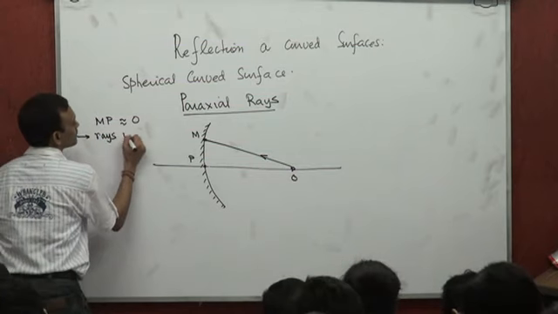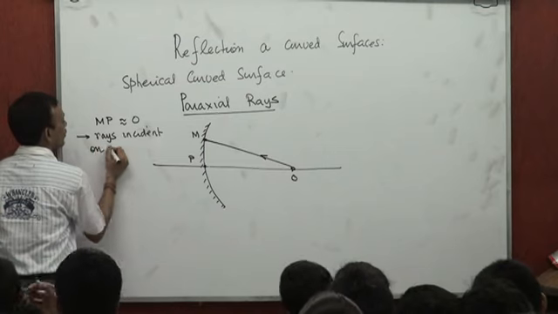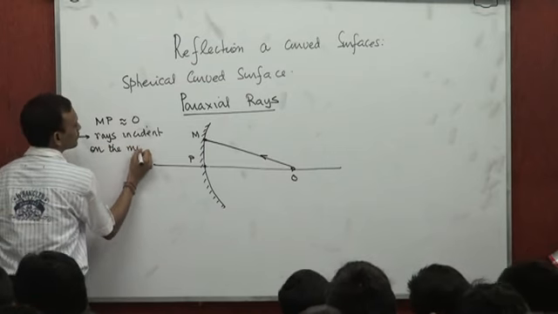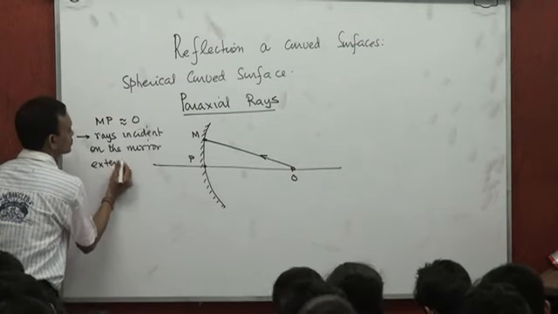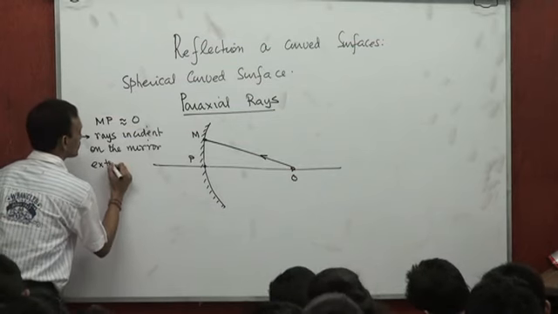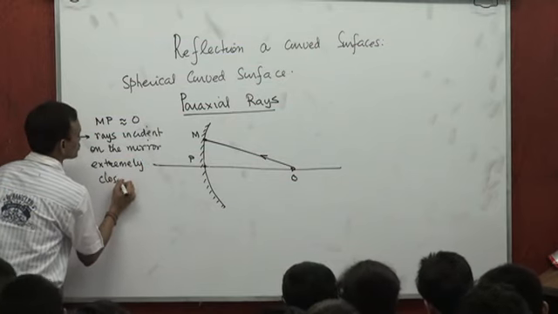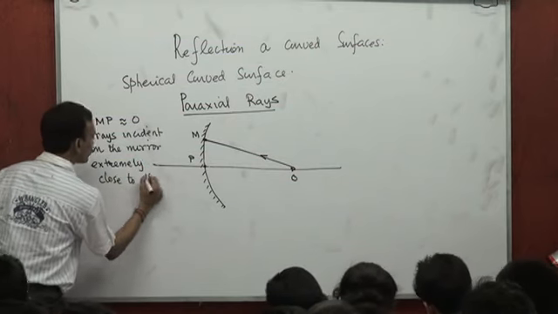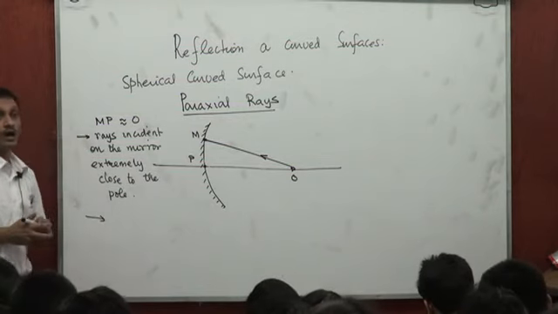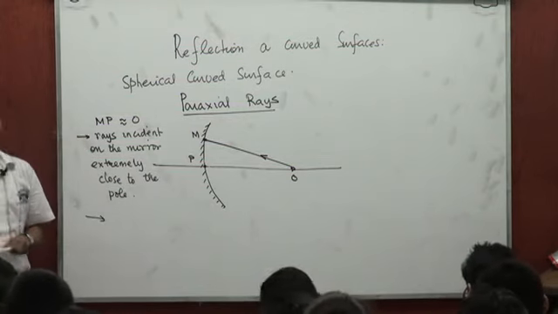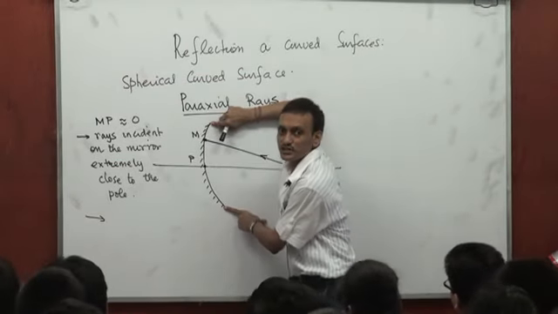Rays incident on the mirror extremely close to the pole. How can you ensure that happens? You can ensure that by selecting mirrors with very small apertures.